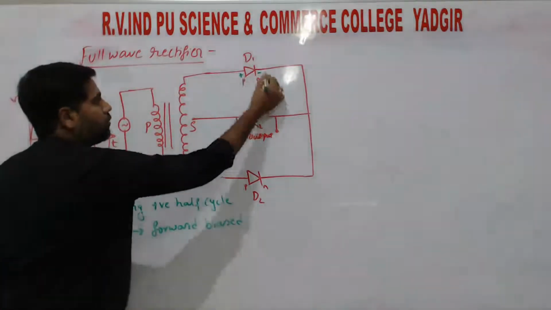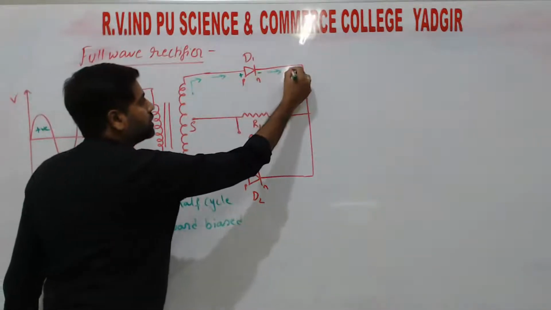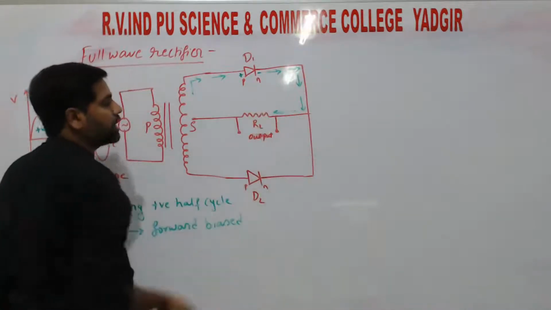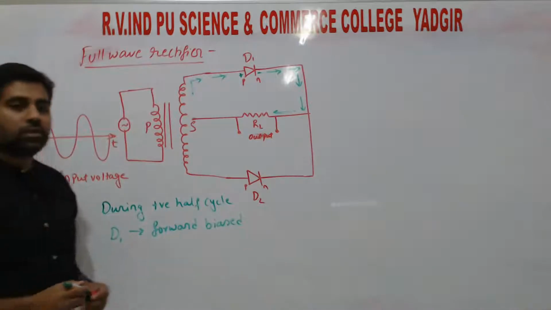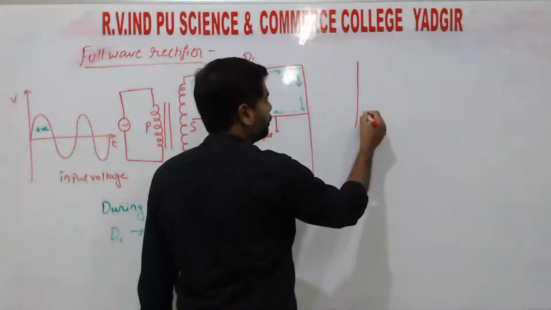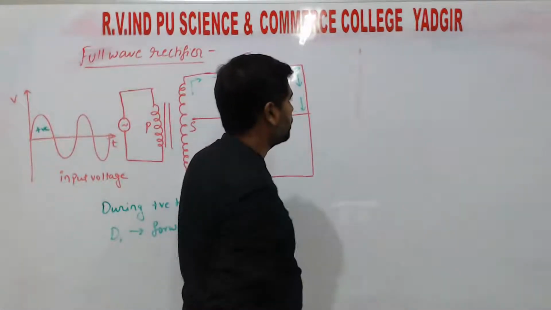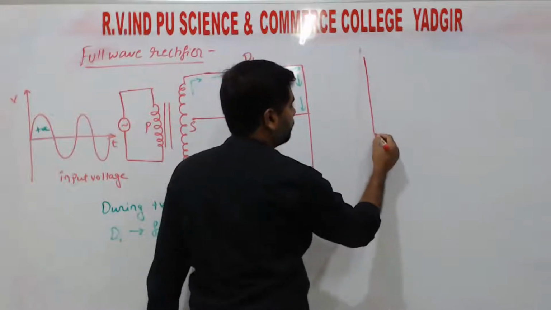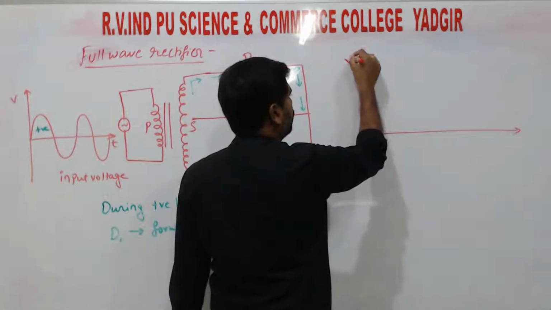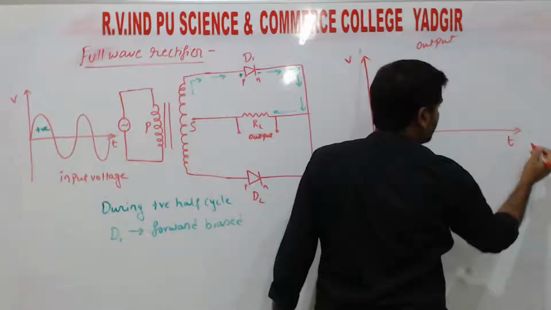Acting as forward bias means it allows the current to pass in the external circuit like this, right? So here we are getting the output voltage. If we plot the output, here we have the output voltage and here the time t.